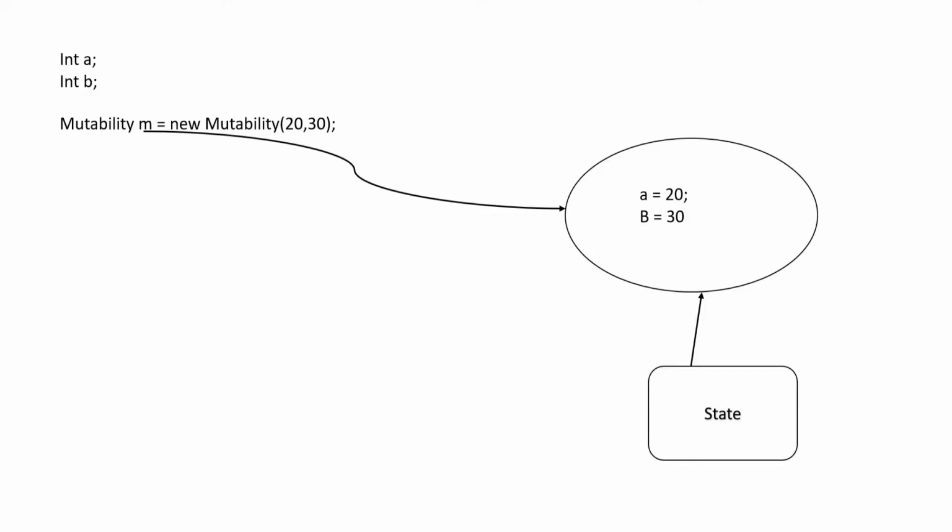If we are able to modify the value of the variable, then we say this variable is mutable, or this object is mutable. If at any point of time you are able to modify the state of the object or the state of the variable, then we say this is a mutable object. This is mutability.